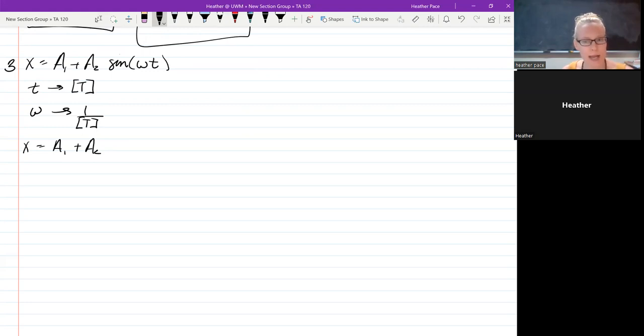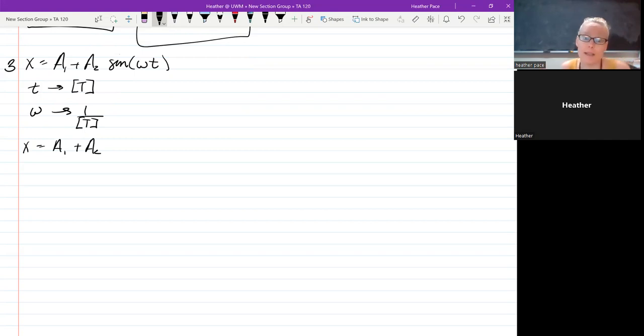Doesn't make sense to add 2 numbers together that don't have the same dimensions. So you can't add x equals 2 inches plus 3 meters per second squared. That doesn't really make any sense.